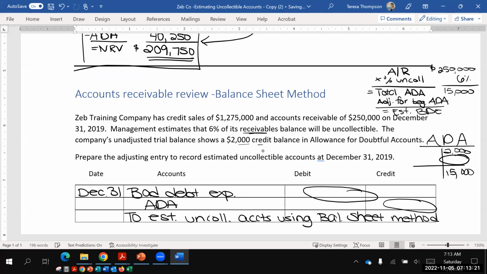So you have to determine, how much do I need to put in to get me to that 15? So it looks like we're going to subtract the two. So you're going to see you subtract whenever you have a credit balance. If we had a debit balance, we would add. All right. So it looks like we need 13,000 in our journal entry.